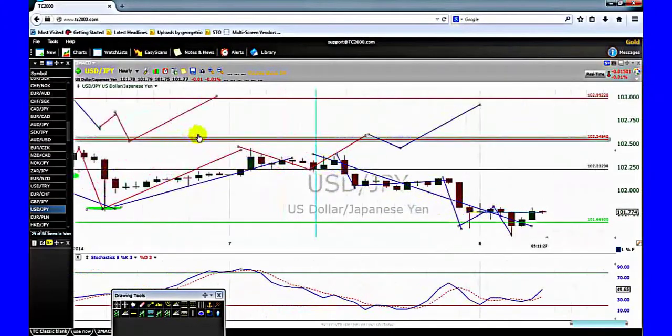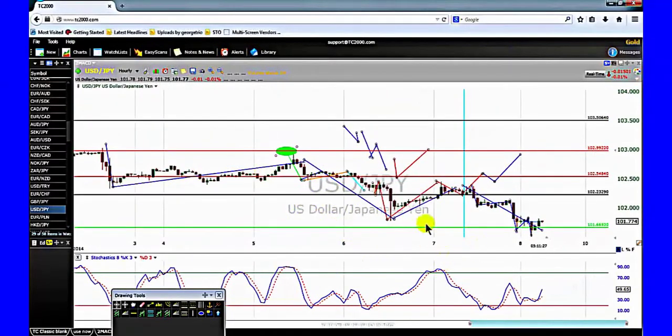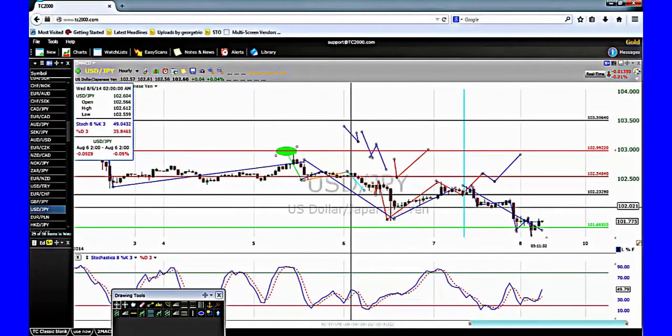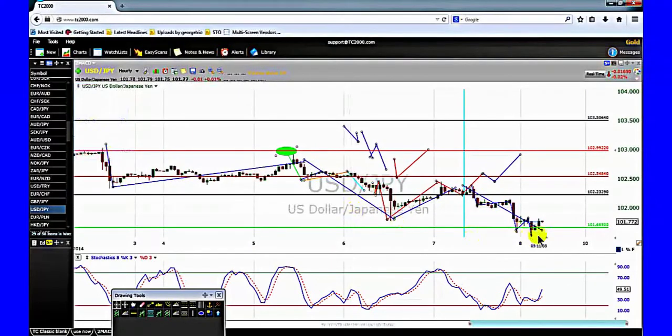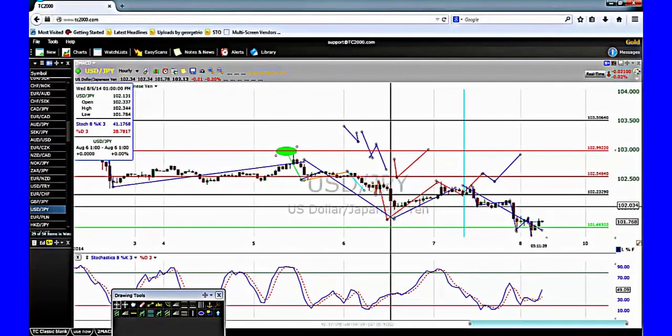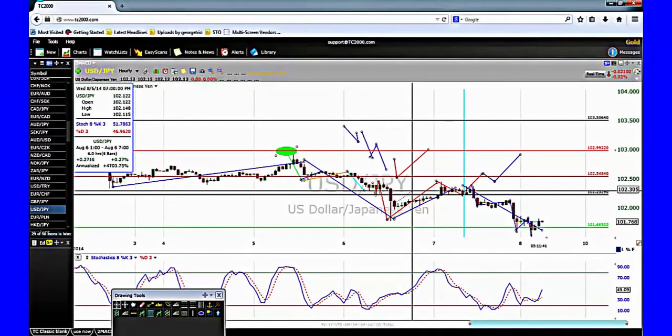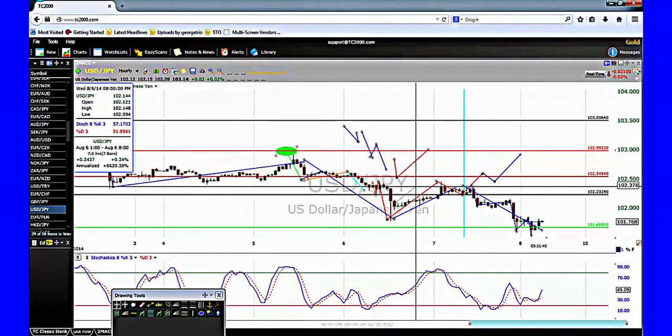So where are the resistance levels on the hourly chart? There's one here. If it starts going up like this, this is a resistance level. There's another one here. Just put them there, highlight, label your waves, and you will see clearly what is taking place beneath it.